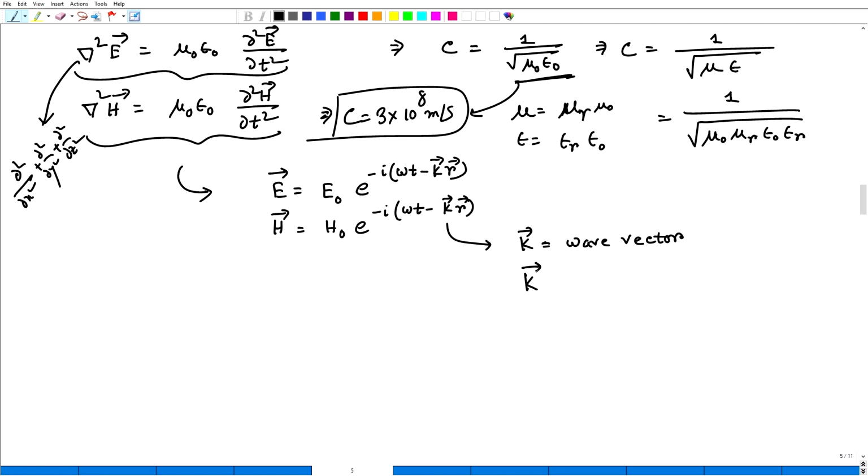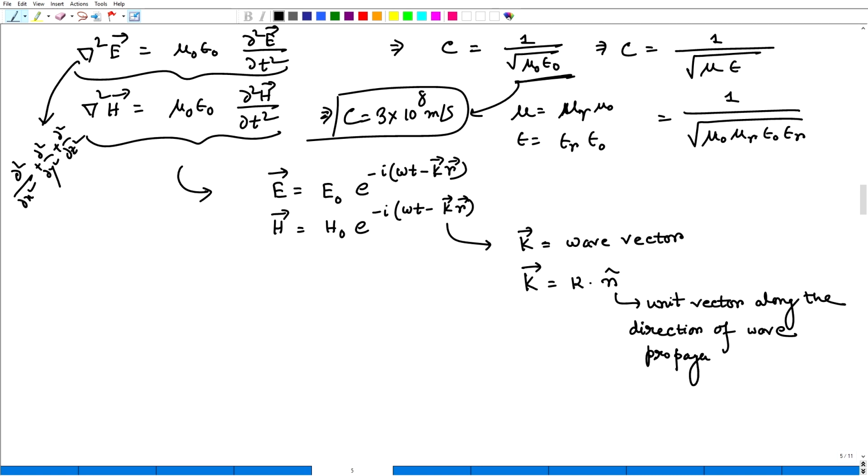So, here we can write k equals kappa n, where kappa is the magnitude of that wave vector and n is the unit vector along the direction of wave propagation. Okay, so this is our k wave vector.